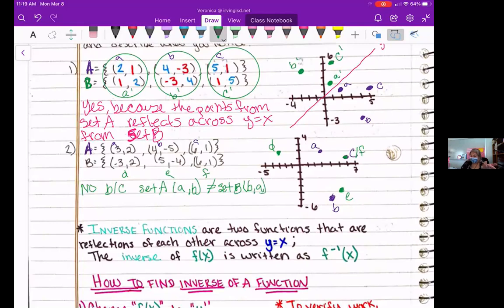Which basically means the coordinate pairs aren't switching, and the data or points do not reflect across y equals x. So I gave you 2 reasons that this is not an inverse relation.